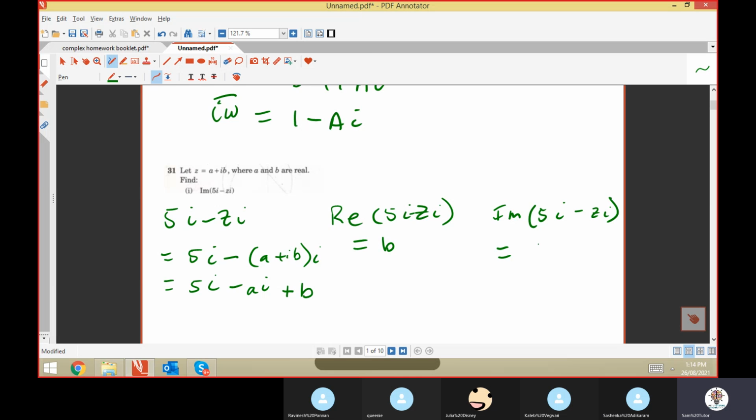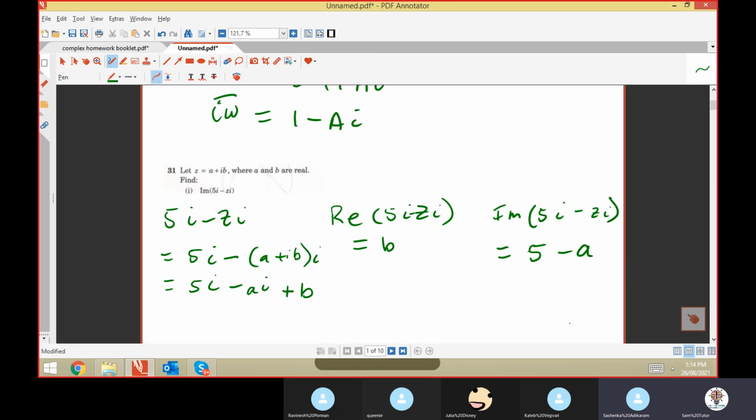Wouldn't it just be 5 minus a? Can you tell us why? Because why would you put the imaginary with another imaginary in it? I can't give that to you. Your answer is right. So he's saying it's just 5 minus a. Can you tell us why that would be the answer?